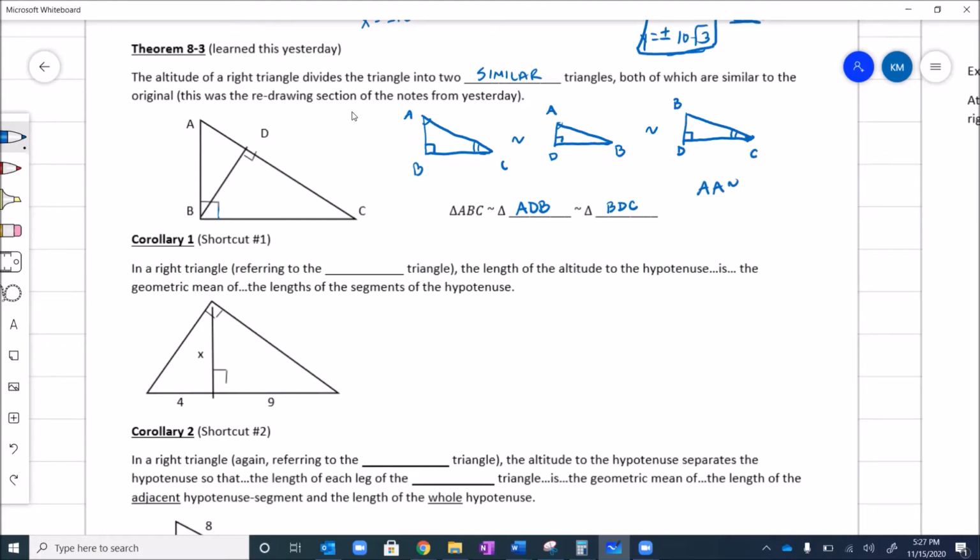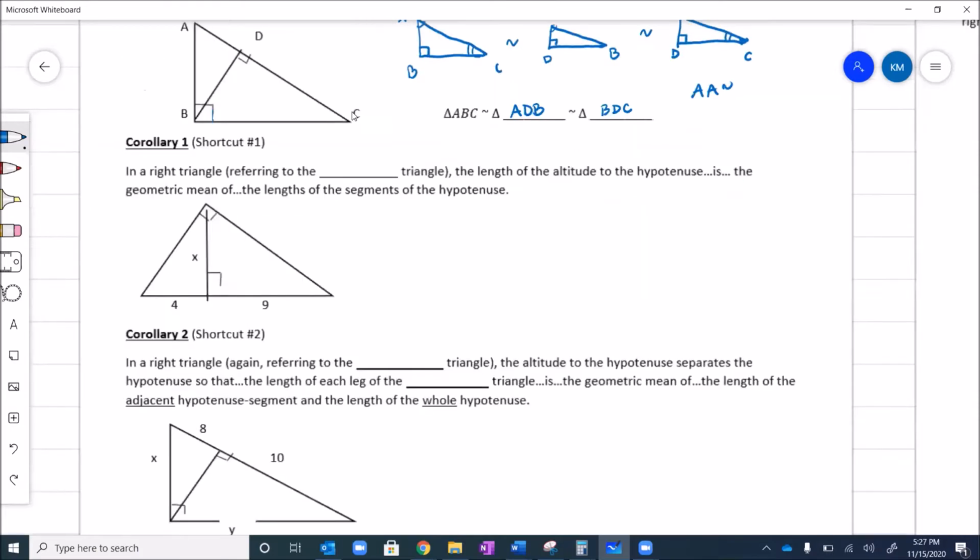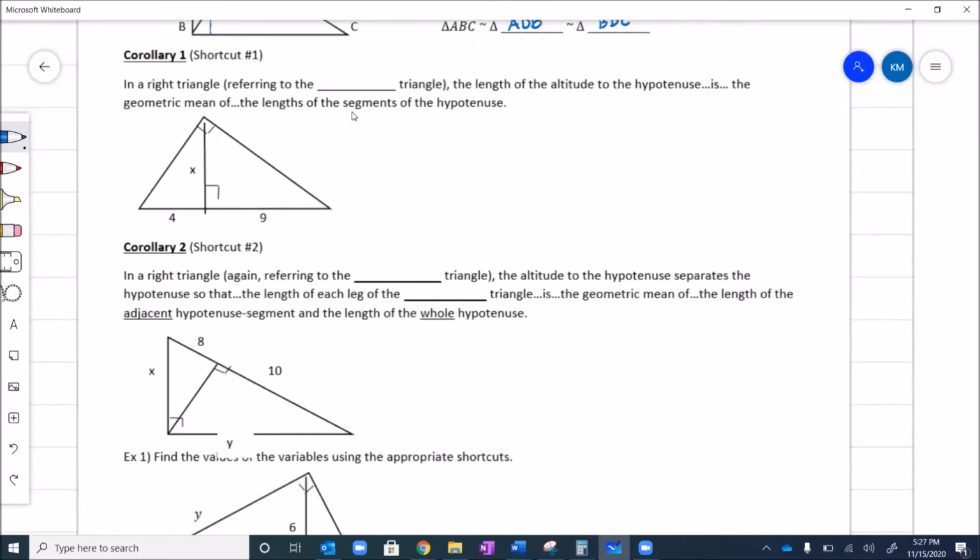So here are corollaries, and remember corollaries are kind of like logical conclusions. If this is true, the corollary means that this is also true. It says in a right triangle, referring to the original triangle, the length of the altitude to the hypotenuse is the geometric mean of the lengths of the segments of the hypotenuse.